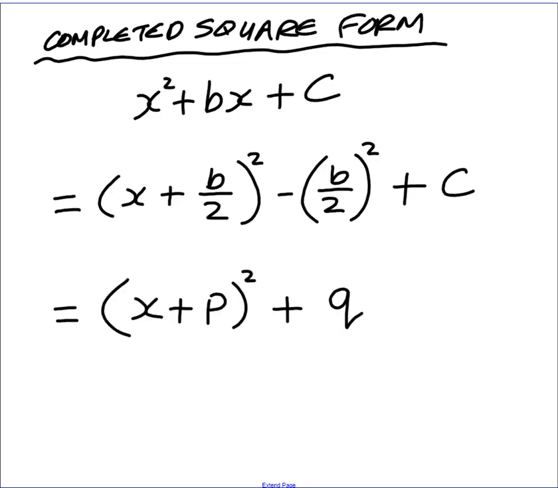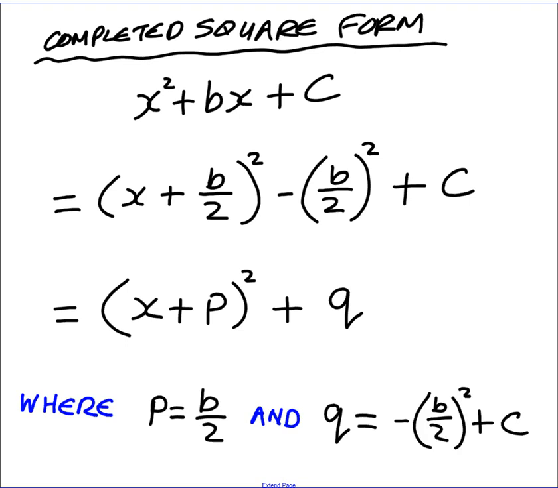Sometimes they show it like this, plus q, where they just want two numbers: p, which is really p over 2 inside the only bracket that remains, and q, which is an amalgamation of everything else outside the main bracket. But you're going to have numbers here, so don't worry too much about that.